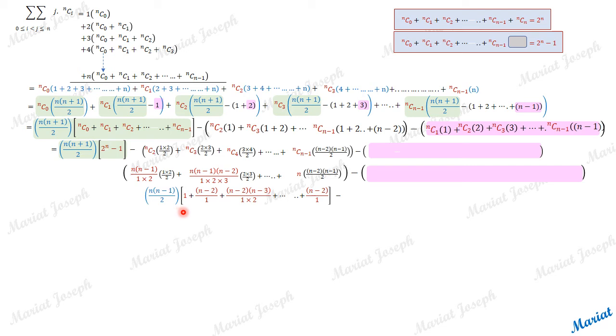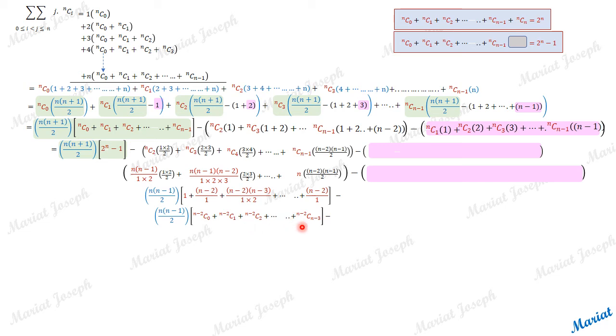So n minus 2 C0, n minus 2 C1, etc., n minus 2 C n minus 3. If it goes up to n minus 2 C n minus 2 itself, it would have followed that formula once more, 2 raised to n minus 2 it would have been.